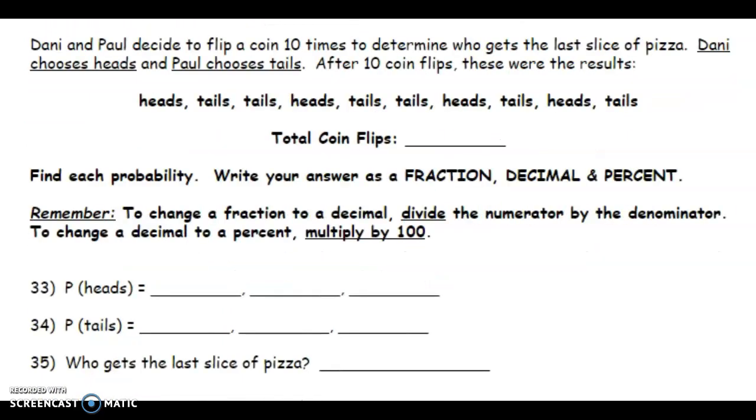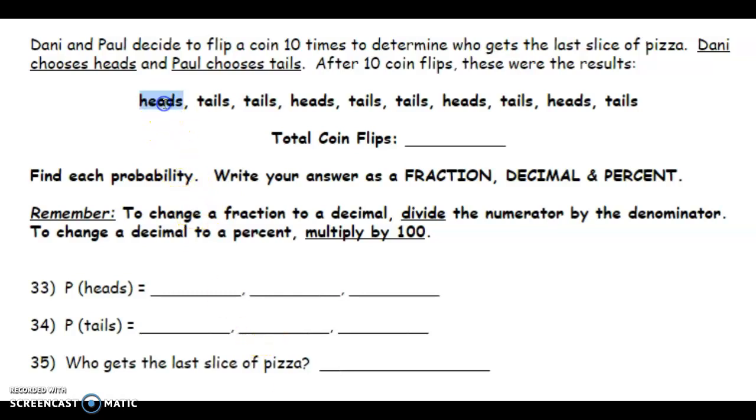Kind of similar with 33, 34, 35, but instead of names, we're flipping coins. Danny and Paul decided to flip a coin 10 times to determine who gets the last slice of pizza. Danny chooses heads, Paul chooses tails. After 10 coin flips, here are the results.